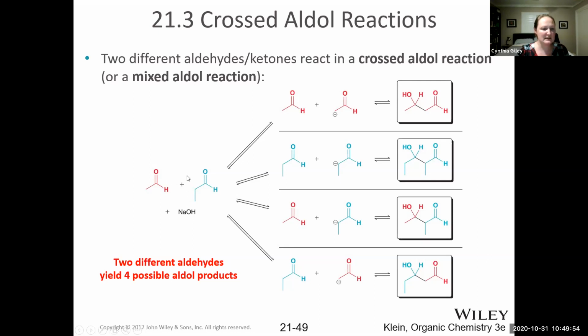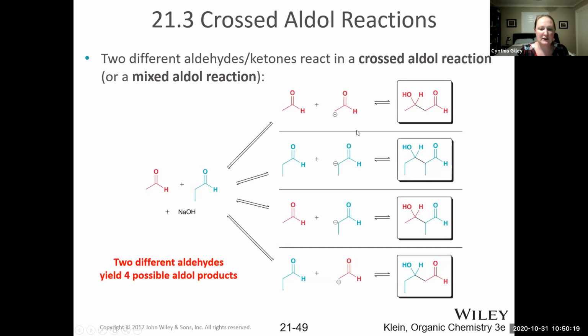And if we mix these two together with some sodium hydroxide, we're going to end up with a complex mixture of products. That's because both of these aldehydes could potentially form an enolate, because they both have alpha carbons with hydrogens attached to them. So we have the possibility of forming either this enolate or this enolate.